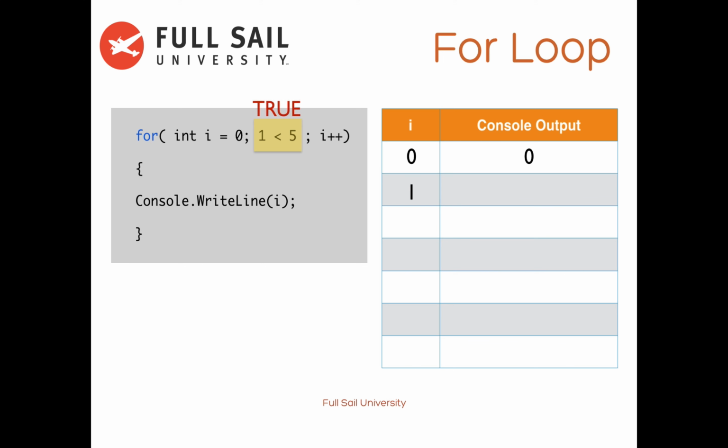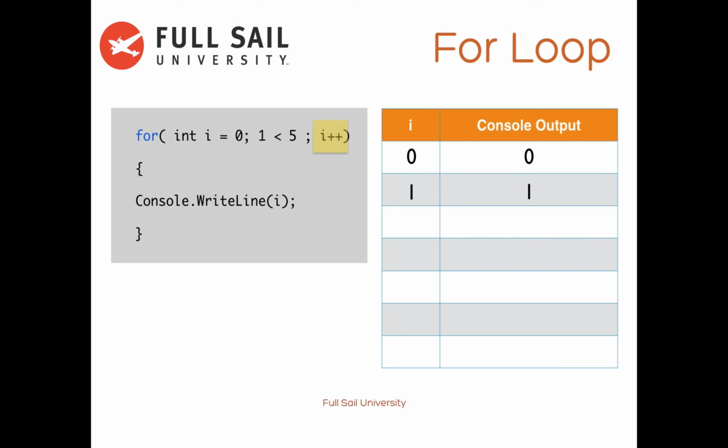Well, this again is a Boolean of true, so we run the curly braces one more time, and it writes that I value out to the console, so in our console output we now have 1.